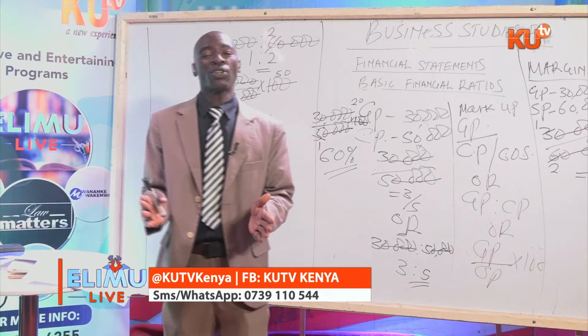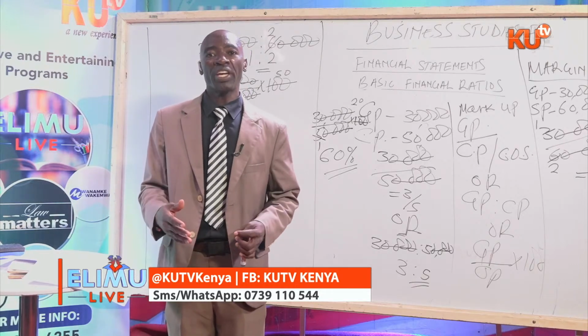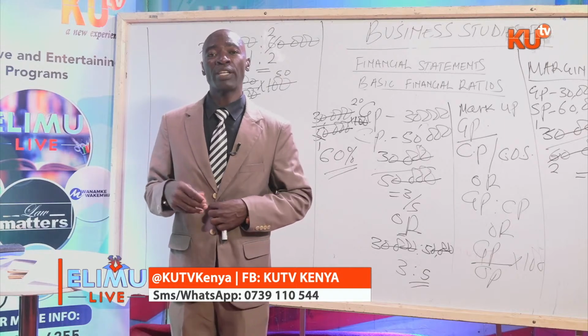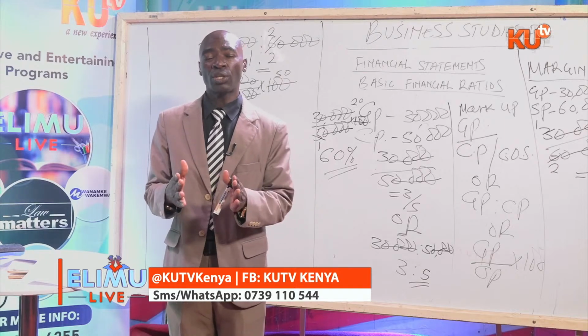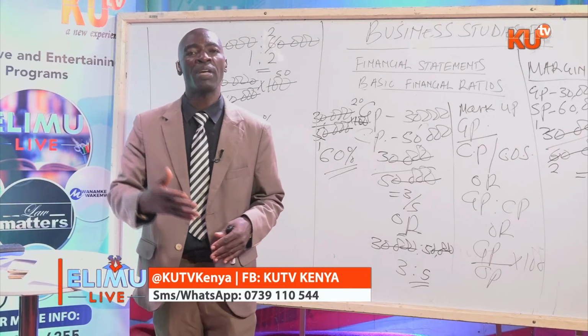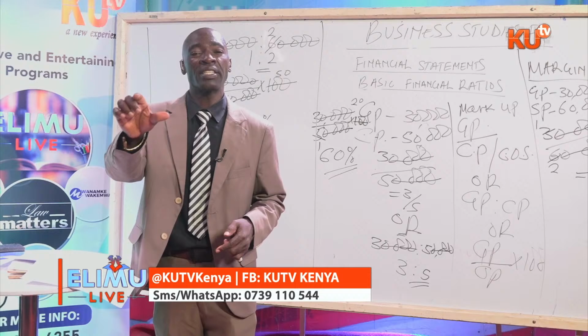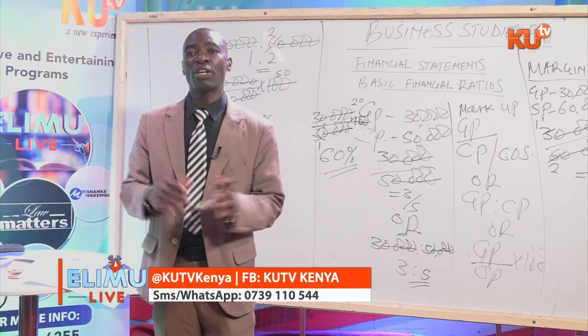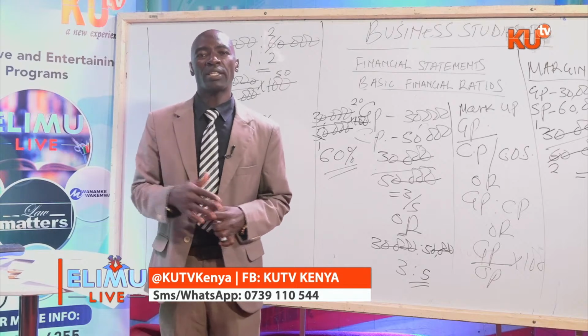You buy stock today, after 1 week it's sold, it's out of the stores. Current means for that existing period of time, not tomorrow, for now. So stock is a current asset.